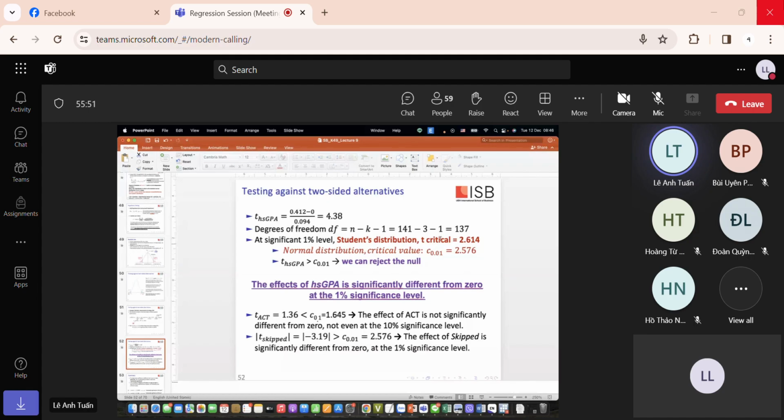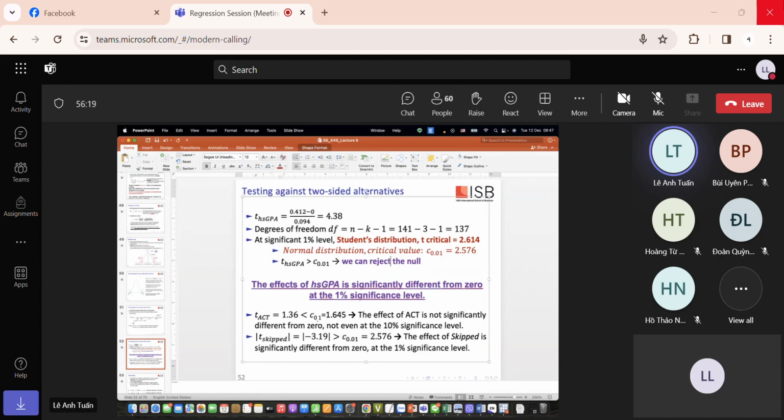Although the critical values for the student distribution and the normal distribution are a bit different, the decision whether you reject or fail to reject the null hypothesis is similar. Because the t here is very large, and the critical value for the student distribution and normal distribution is very small, we reject the null hypothesis.